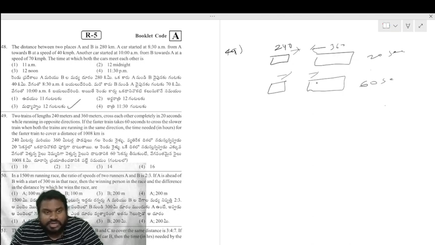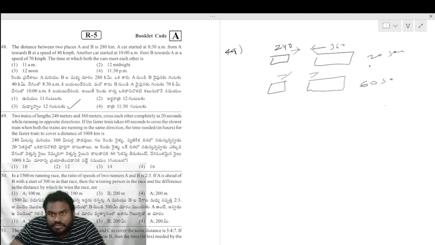But it's not required also, because all we need to do is find the time the faster train takes to cover a distance. Because the distance is known, if we know the speed, then we can find the time. So all we have to do is know the speeds.